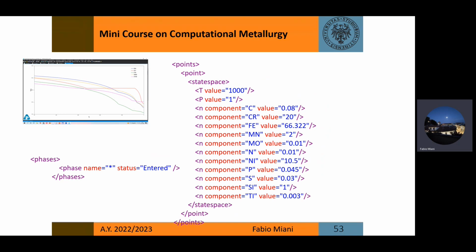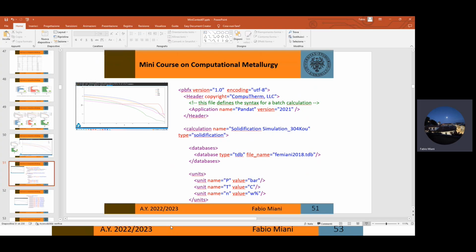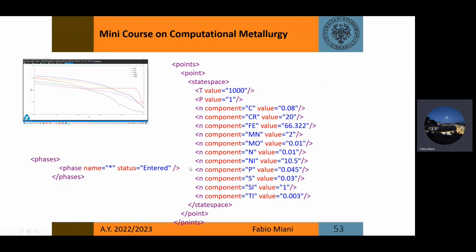And once I've selected those elements, I've also set the values for the first austenitic stainless steel composition.